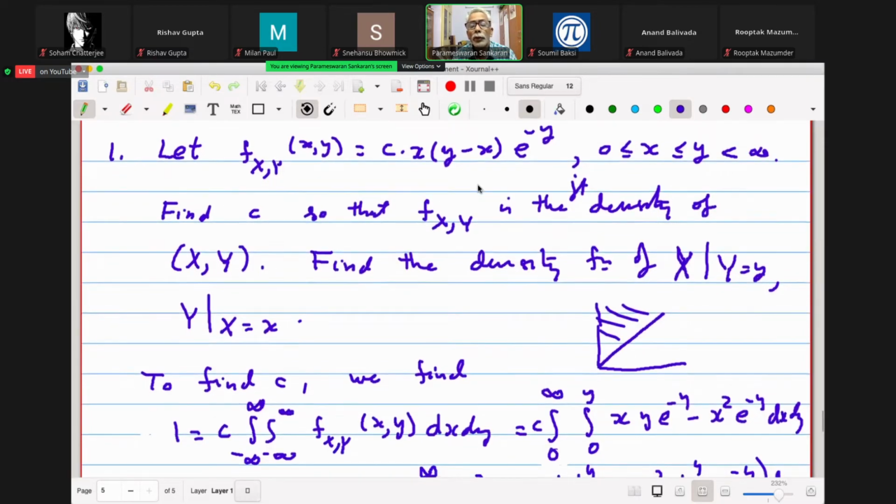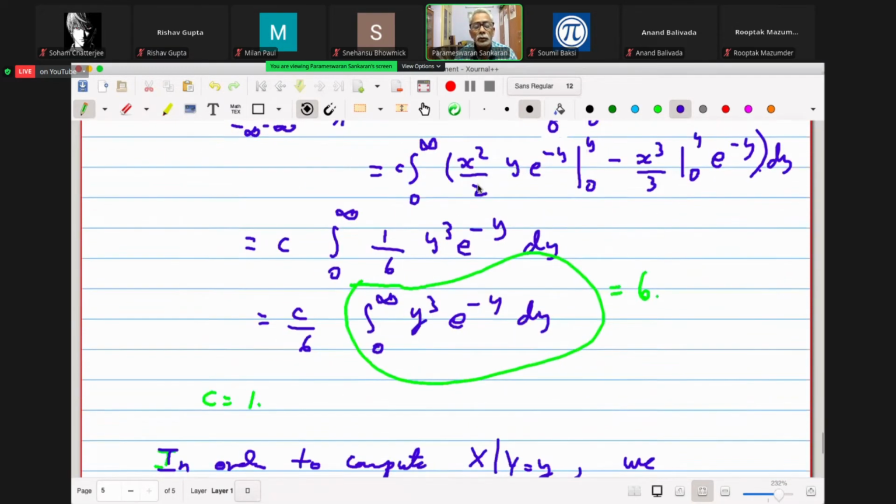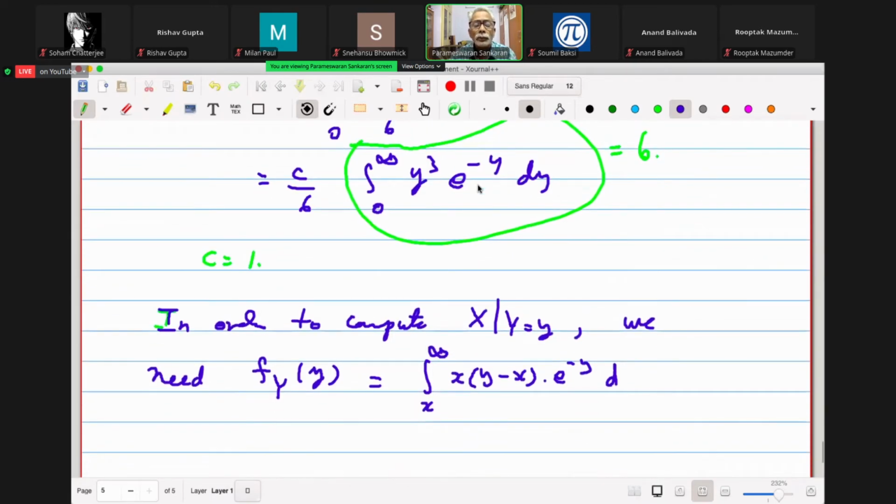In order to compute f_Y, we need to integrate f_XY(x, y) dx from minus infinity to infinity.